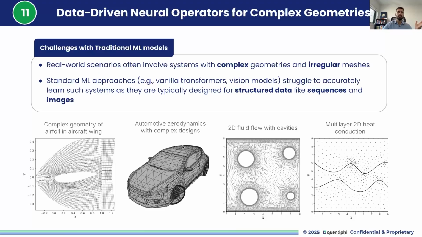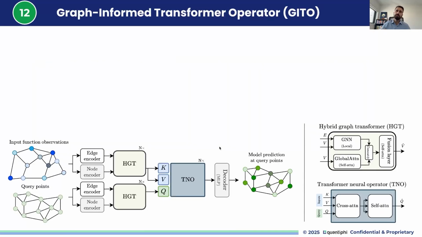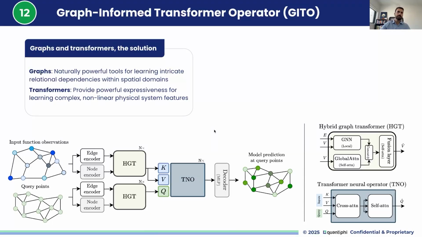And standard ML approaches like transformer or vision models actually struggle to accurately learn these settings because they're typically designed for structural data like sequences or images. So built on these limitations, we introduced our graph-informed transformer operator. The intuition behind this is very simple.